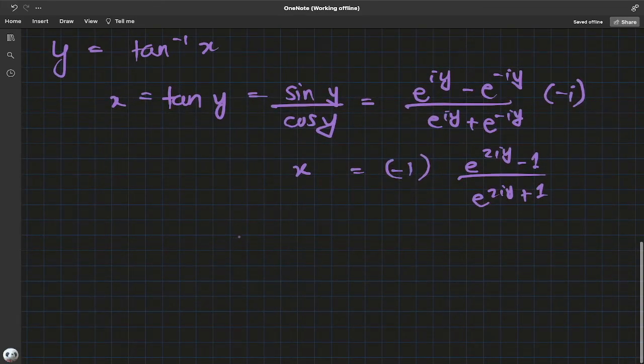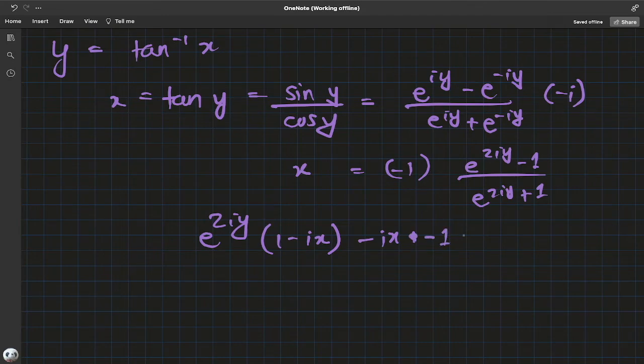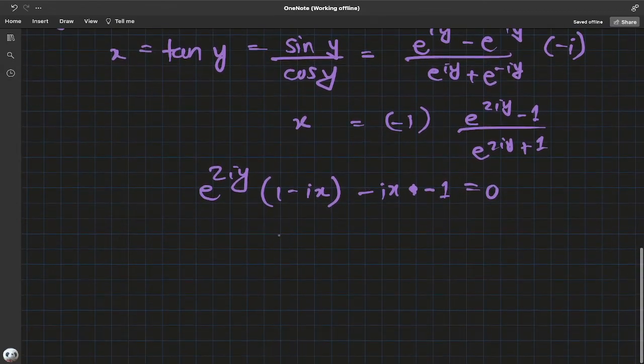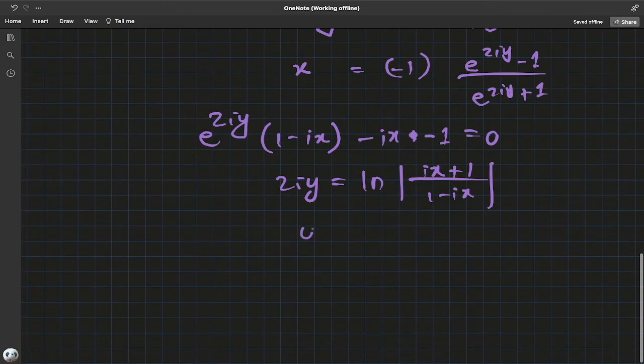We can try to make y the subject of the equation. So e to the 2iy times 1 minus i x, minus i x minus 1 equals 0. So e to the 2iy, taking the anti-log on both sides, equals ix plus 1 over 1 minus ix.